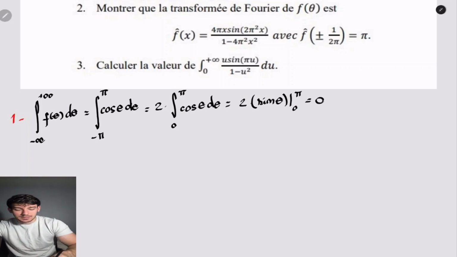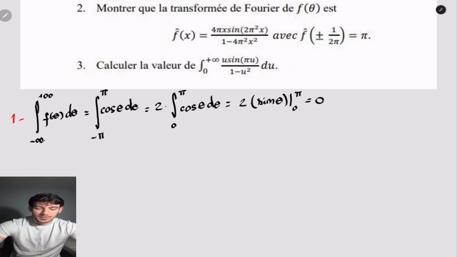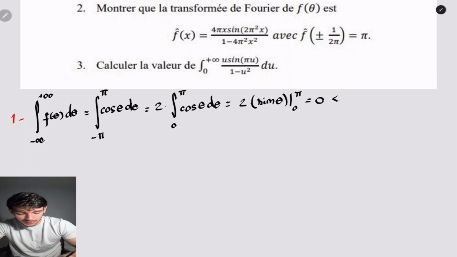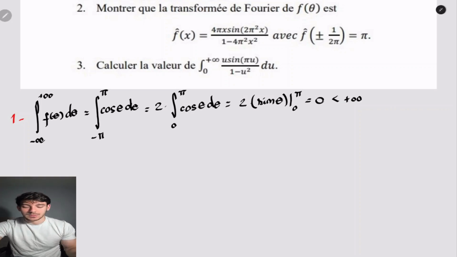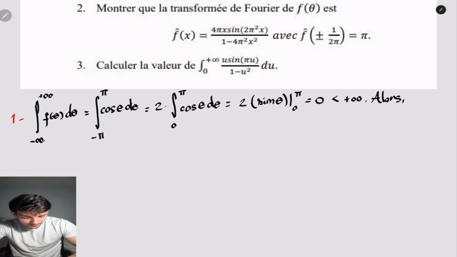We can see that this is 0 since sine of pi and sine of 0 are 0. So that's 2 times 0, which is equal to 0. And this is less than infinity. So we've demonstrated that our function is inside L1.